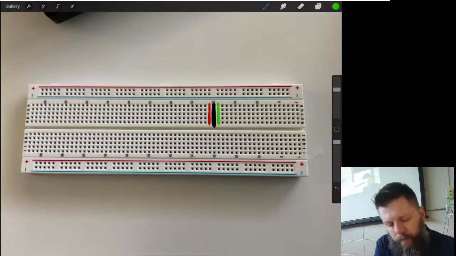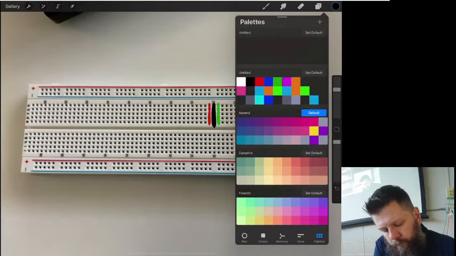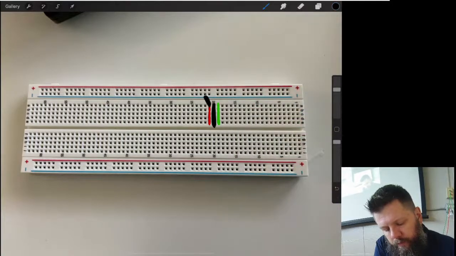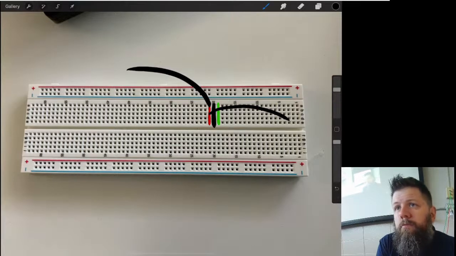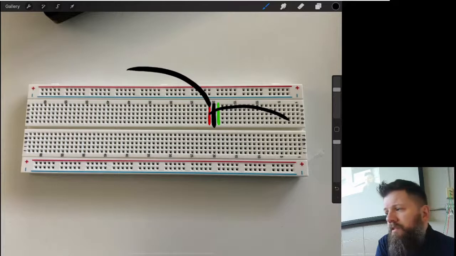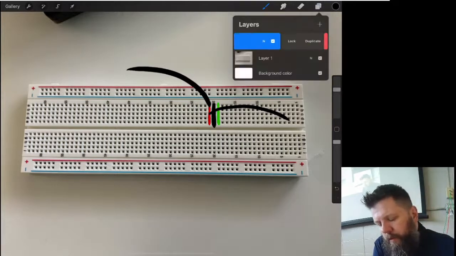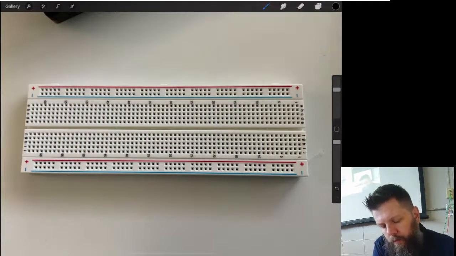So anything I want connected, I would put, let's say I have a resistor that I want connected to another resistor. I would put them in the same row. Okay. When it's sideways like that, it's a column, but you get the point, right?